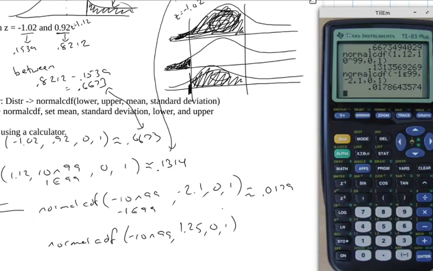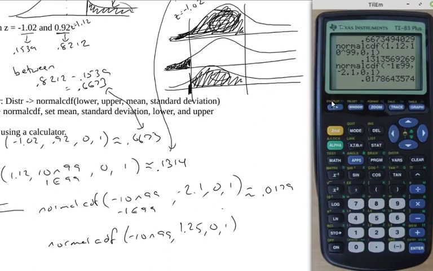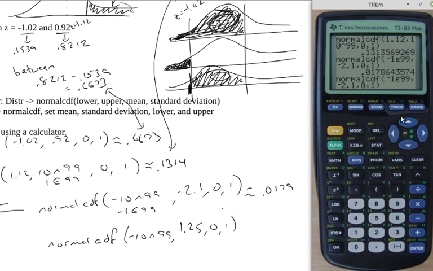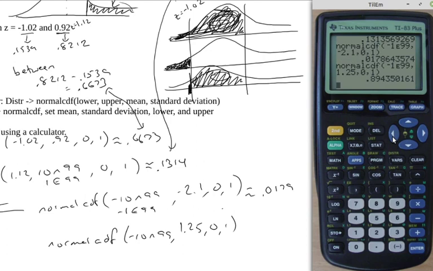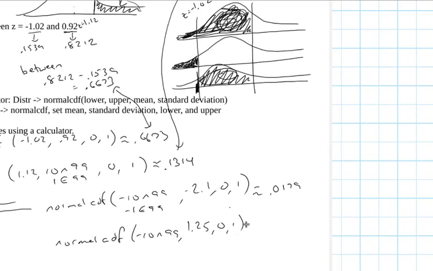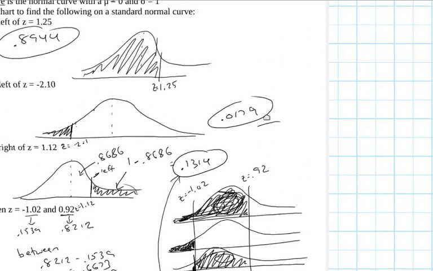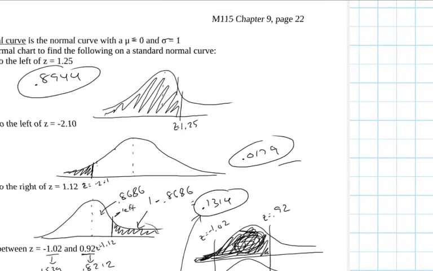Entering that into the calculator. We get 0.8944, which again matches what we would have gotten if we'd done the chart.